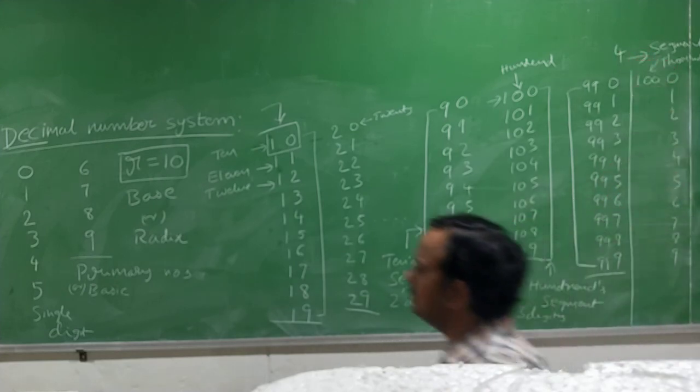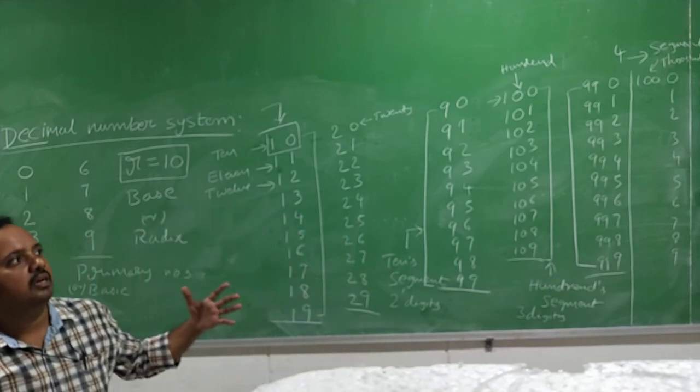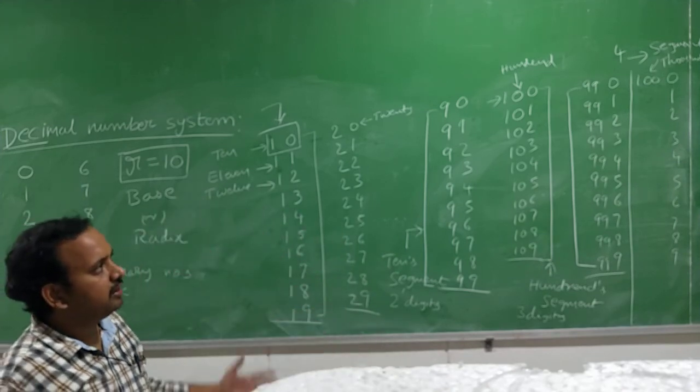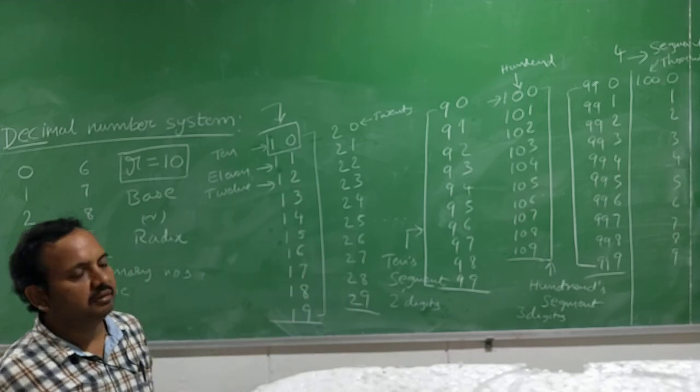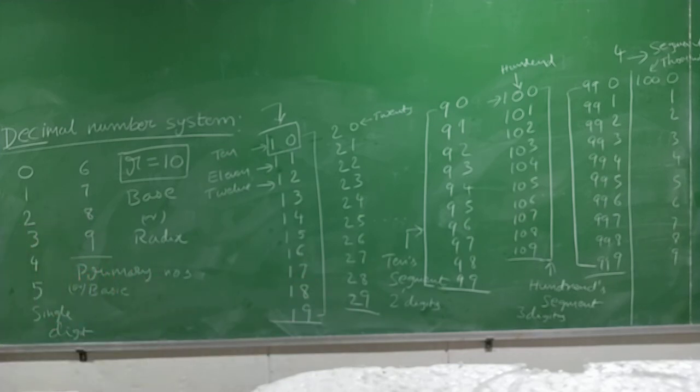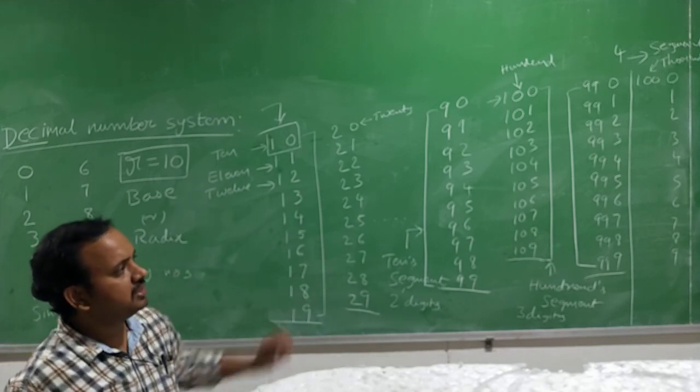Likewise, it will go on: the 10,000th segment contains 5 digits, and the 1 lakh segment contains 6 digits. Like that, we can go on. This is how the number system goes on.